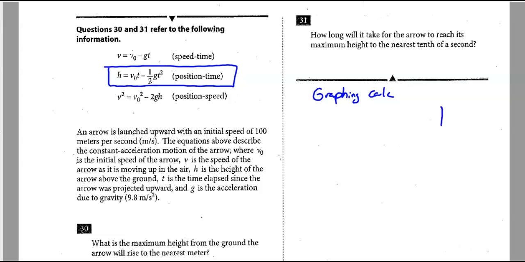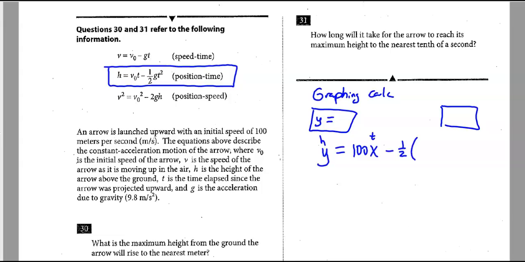Most graphing calculators, you have your y equals key that you punch in, and you would have punched in y equals, instead of h, we're using y, equals 100, and you're going to need to use x on the graphing calculator instead of your t, minus 1/2 times 9.8 x squared.